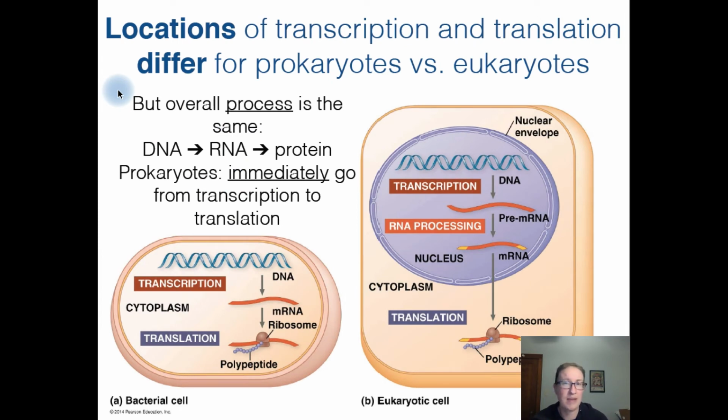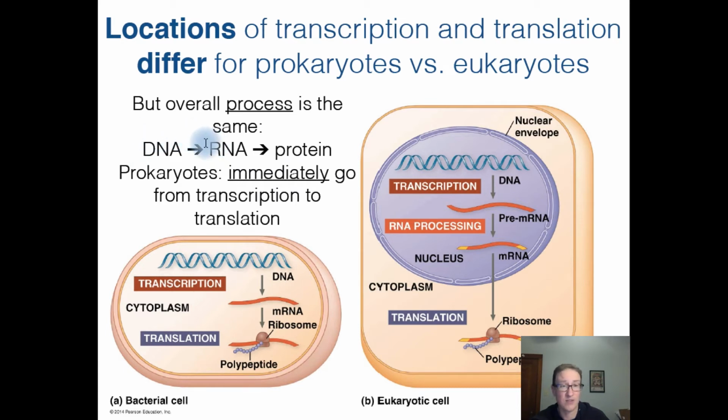Throughout this course, we're going to be doing a lot of comparisons between prokaryotes and eukaryotes, and we just talked about how DNA replication is very similar for both. However, the locations where transcription and translation take place are pretty different for prokaryotes versus eukaryotes, although the overall process is generally the same: first go from DNA to RNA.